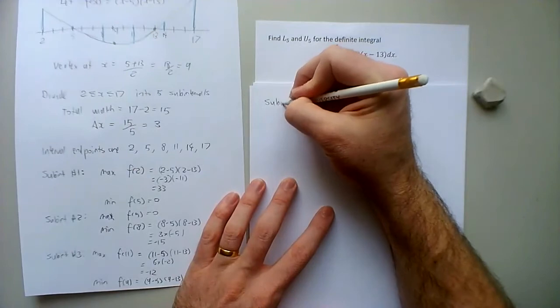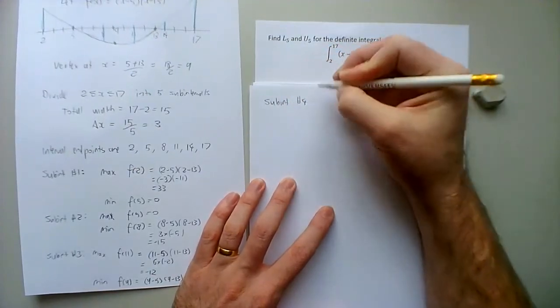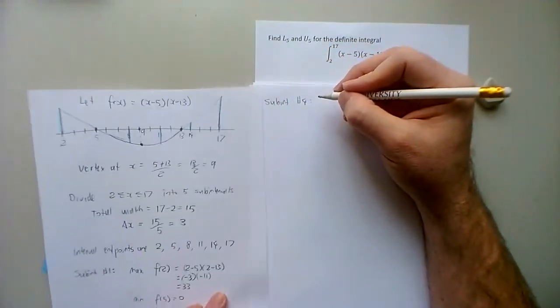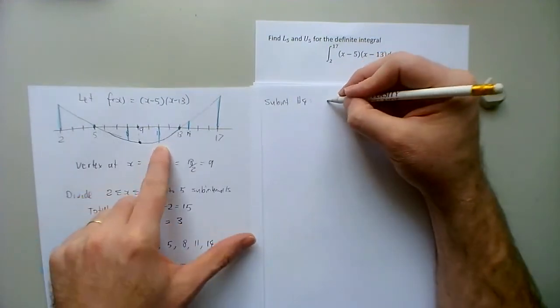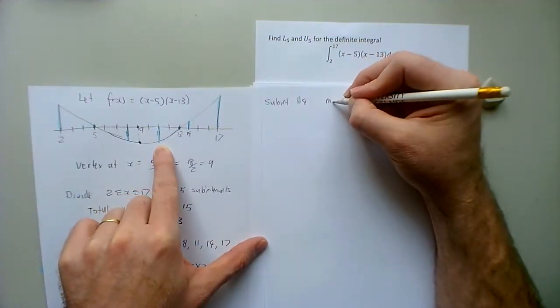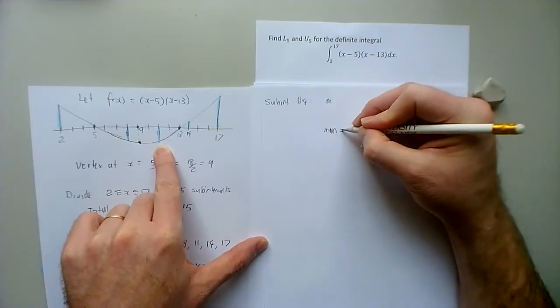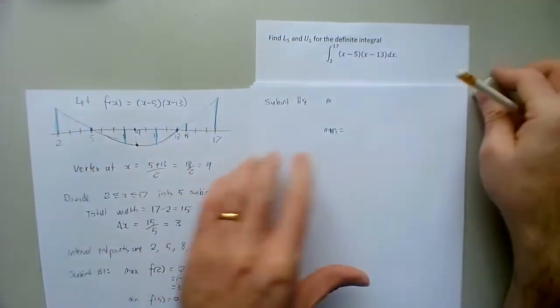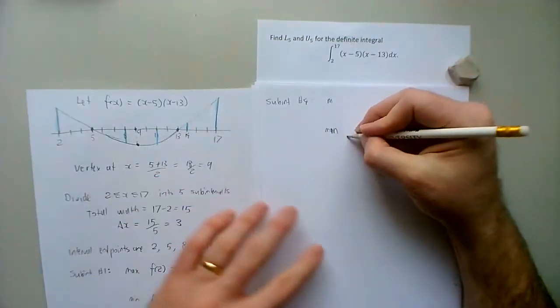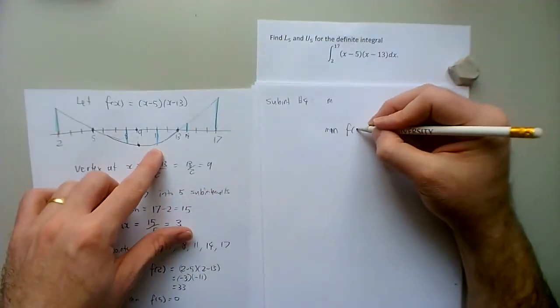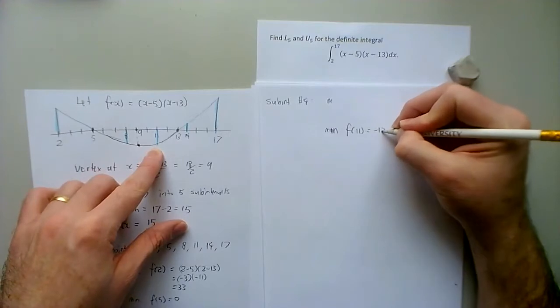On subinterval number 4, the minimum is going to be down here. But I've done the maximum first for each of them, so I'll do the minimum. It is going to be f(11), which we've already figured out is -12.